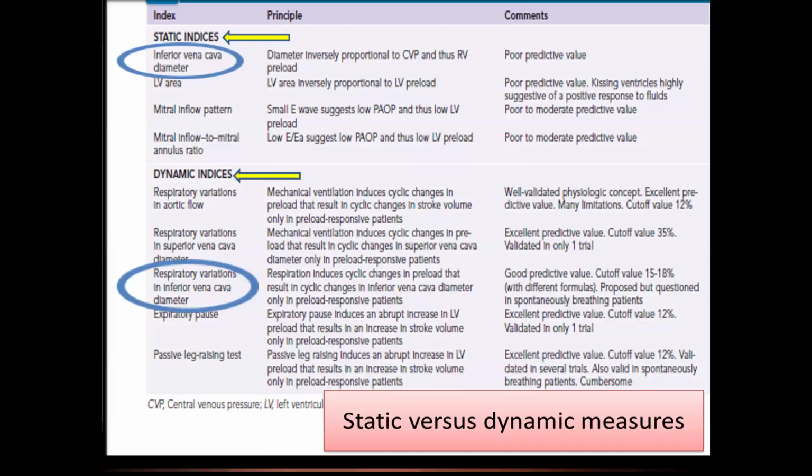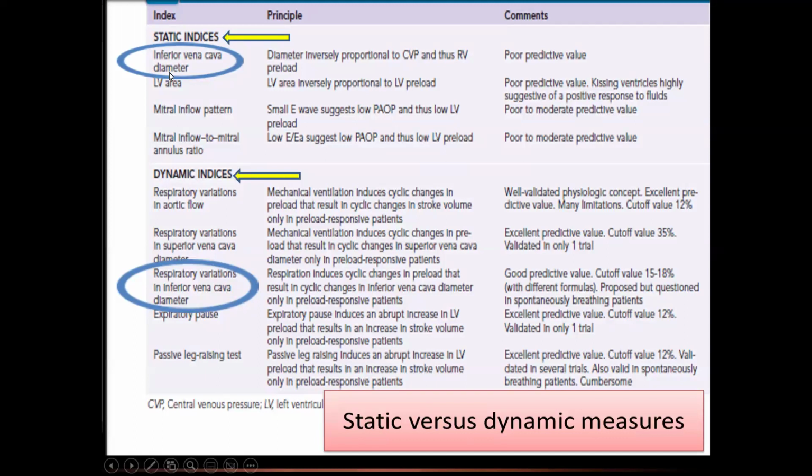You can see here the IVC diameter can be used as a static and as a dynamic index. In the static, we use only the fixed diameter. But in the dynamic indices, we use the respiratory variation of the inferior vena cava diameter during inspiration and expiration, in spontaneous breathing and during pressure control ventilation.